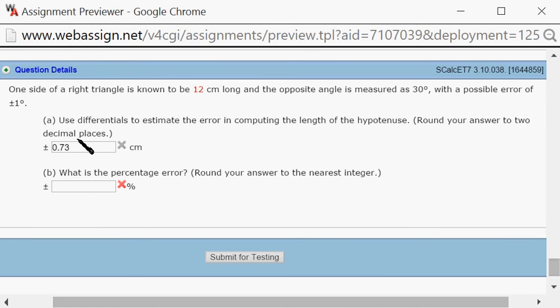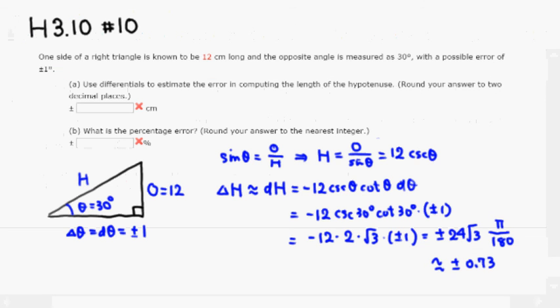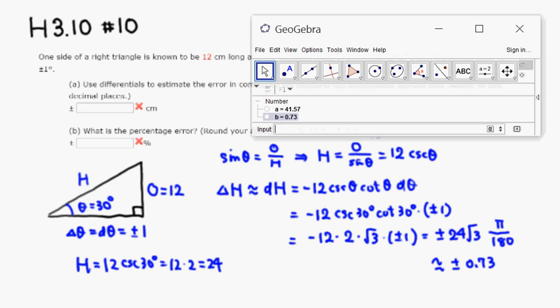And then what is the percentage error? The percentage error is just this divided by H. H is 12 cosecant of 30 degrees, so that's 12 times 2, which is 24. So we take the answer, 0.73, and divide by 24.